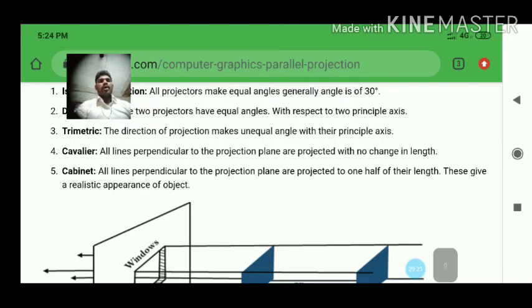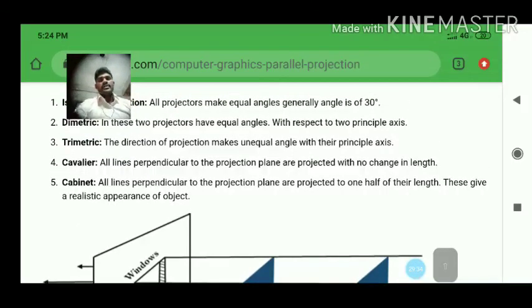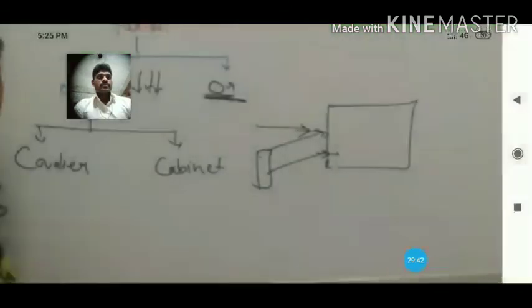Let's see the second one, it is called oblique. Oblique lines are also parallel lines, but they are inclined towards the view plane. And these are also of two types, one is the cavalier and the second one is the cabinet. Look at here.